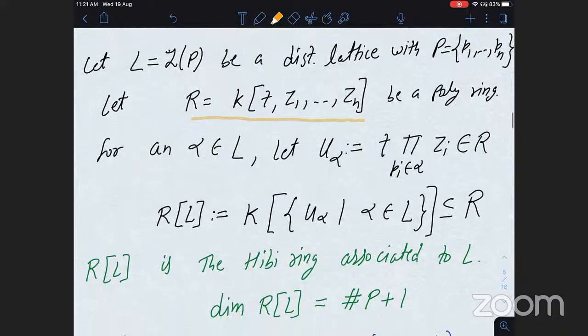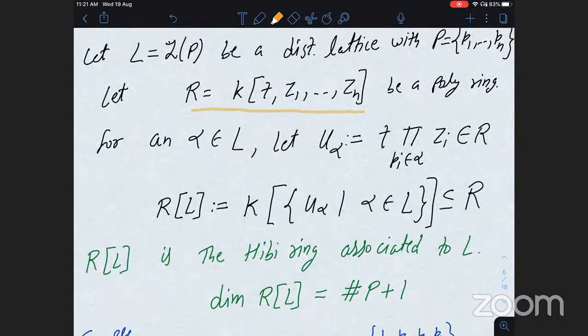For an alpha in L, note that alpha is actually an order ideal of P, so it will be a subset of P. Let u_alpha be the monomial of R defined by t times the product of zi if pi belongs to alpha. If pi is in alpha, then we take the product of all such zi's.